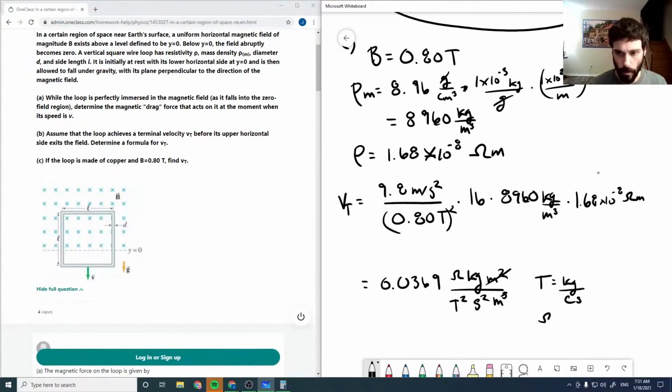An ohm is a kilogram meters squared per second coulomb squared. Yeah, coulomb squared.